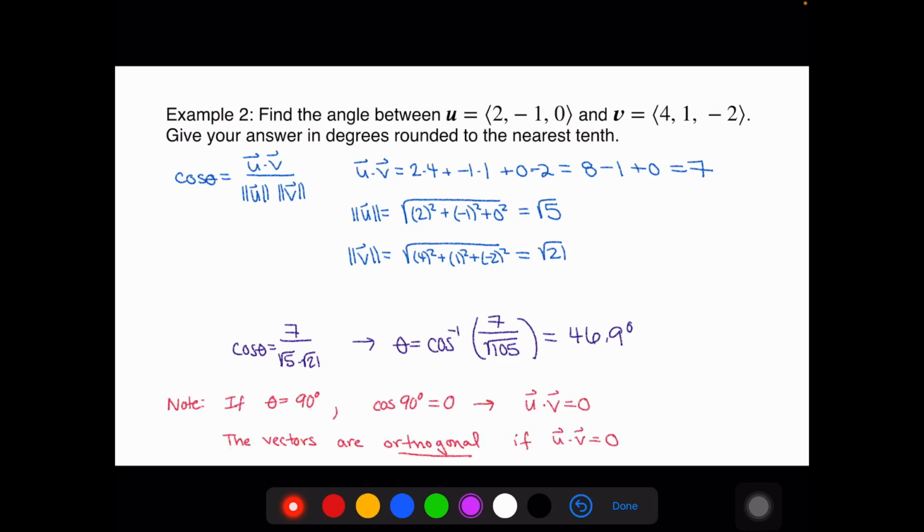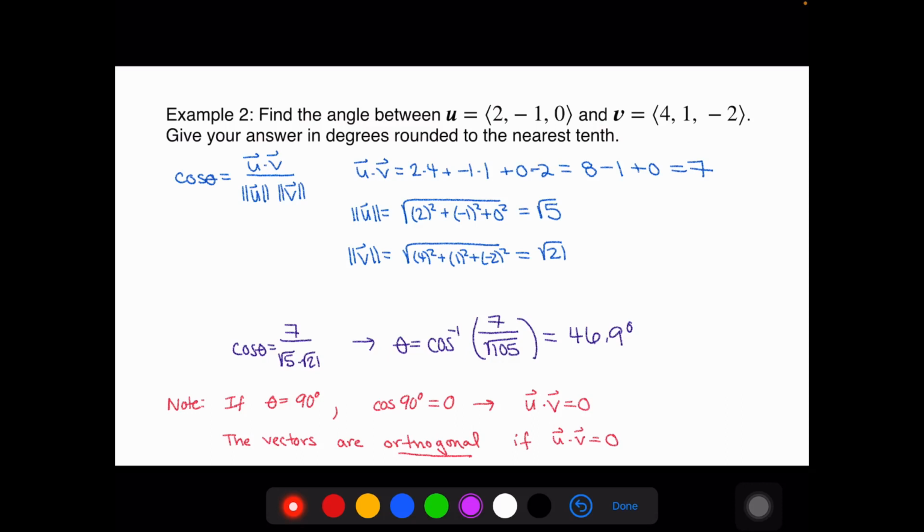Now I want to make one comment here while we're doing this problem. If you take a closer look at this formula, notice that if the angle between the vectors is 90 degrees, and you plug in 90 degrees into your formula, well, cosine of 90 degrees is 0, and that means u dot v is 0.